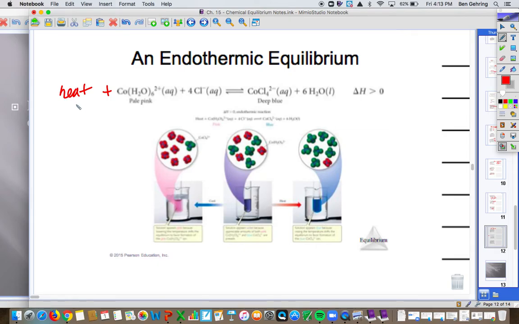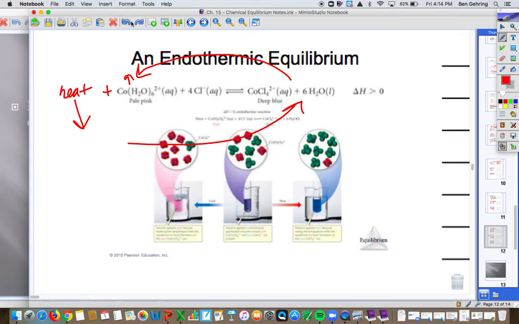So if I remove heat, I'm going to pull heat down, which means I'm going to favor the reverse reaction to produce more heat. So this is going to go up, this is going to go up, and these are going to go down because they're favoring the reverse reaction.